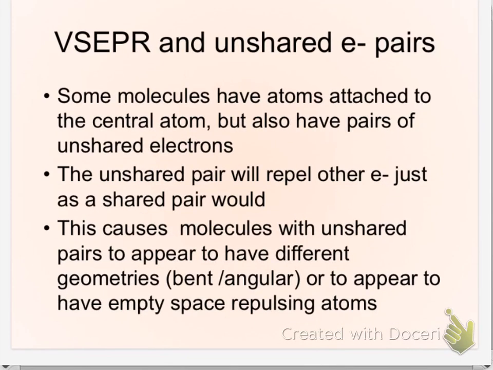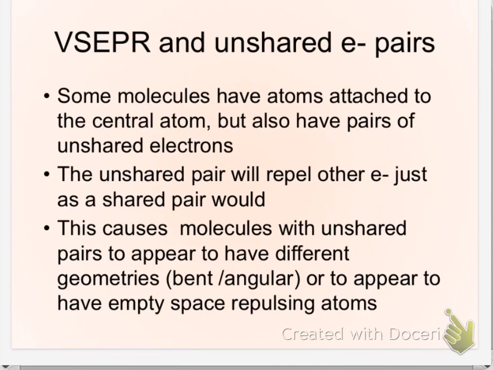Now, here's the interesting thing. Where'd my water go? So, there are some molecules that have not only atoms attached to the central atom, but they have unshared pairs attached. And this water molecule is an example. That oxygen that's central has 2 unshared pairs. Well, here's the thing.